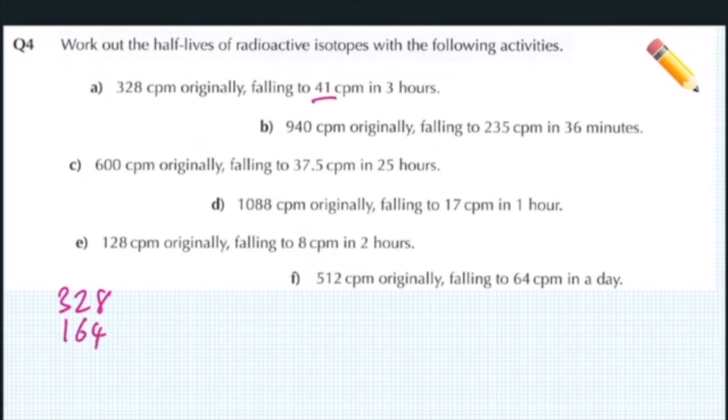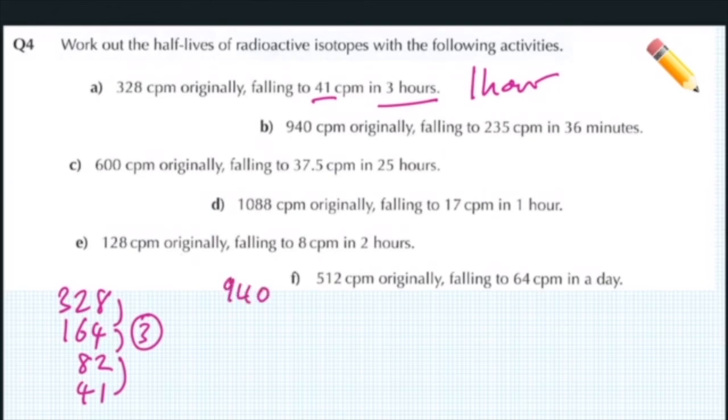So 164, 82, 41. So that's 1, 2, 3. So 3 half-lives have passed, and this is in 3 hours. Well, that means that for this first one, the answer is going to be 1 hour. You could put 60 minutes, either's fine.